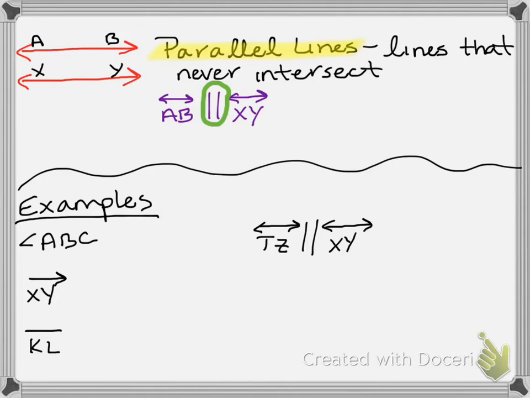It looks like the number 11, or you could say it looks like railroad tracks. The 2 lines up and down mean parallel. So in this case, we have line AB is parallel to line XY. So you've got the perpendicular symbol, which is the upside down T, and then you've got the parallel symbol, which is the railroad tracks. If you can keep those straight, you will be good to go.